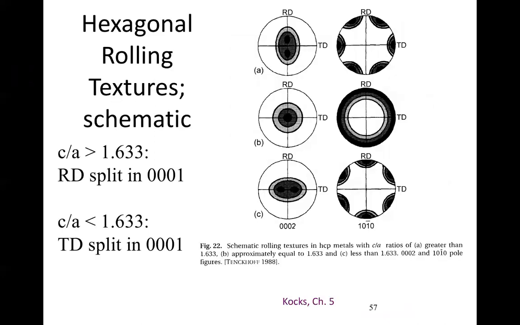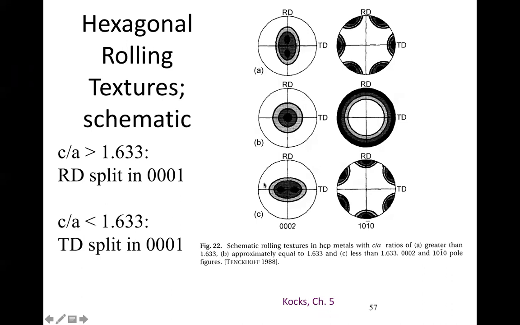right? And depending on the C over A ratios, we get different rolling textures, right? If our C over A is greater than the ideal, we get the splitting in the rolling direction. We get 2 peaks to either side. If we're pretty close to ideal, we typically get a single basal peak.